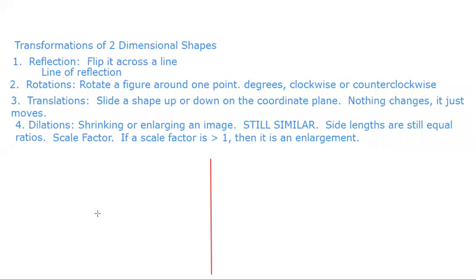Let's say that we have a square on this coordinate plane. And remember, although it doesn't quite look perfect, it's so much easier for me if I can make dots on here instead of lines.